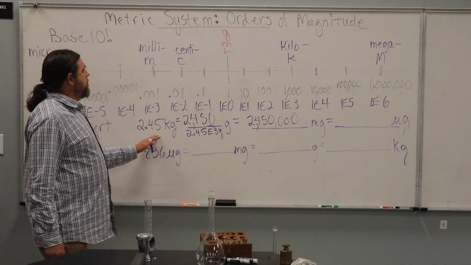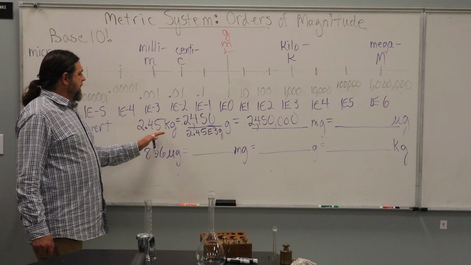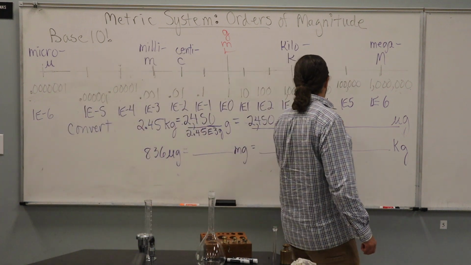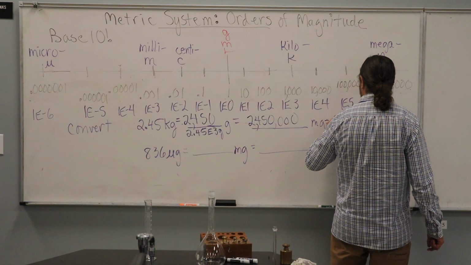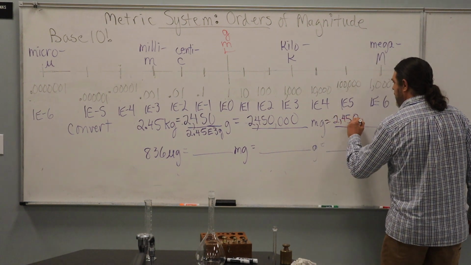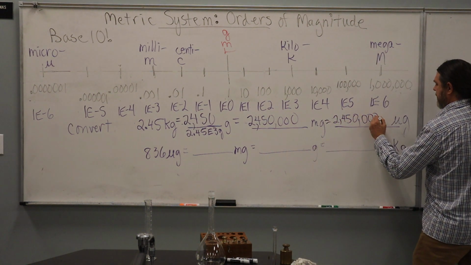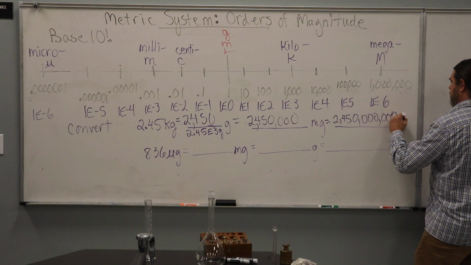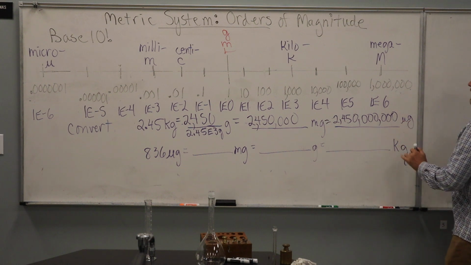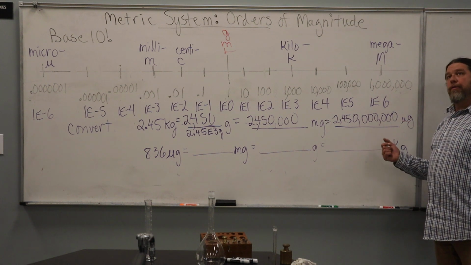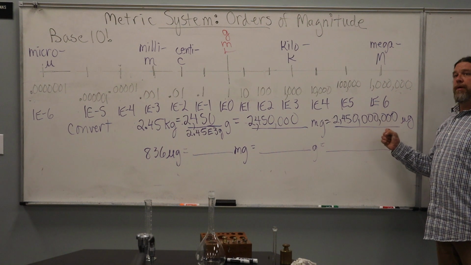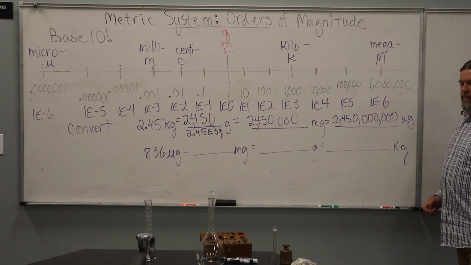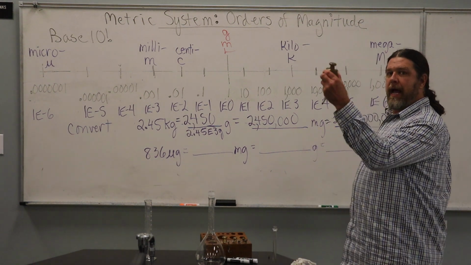So we've actually moved the decimal 3 places, 6 places, and now we're about to move 9 places. 2, 4, 5, 0, 3 places, and then 3 more places right here. So we have 2,450,000,000 micrograms in what is about 2.5 of these.